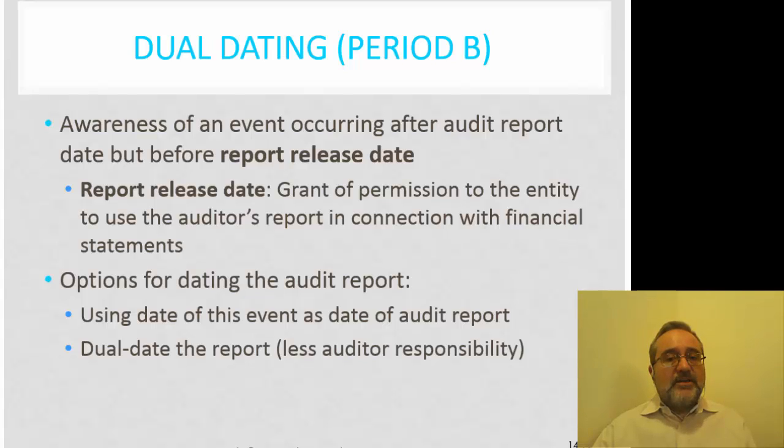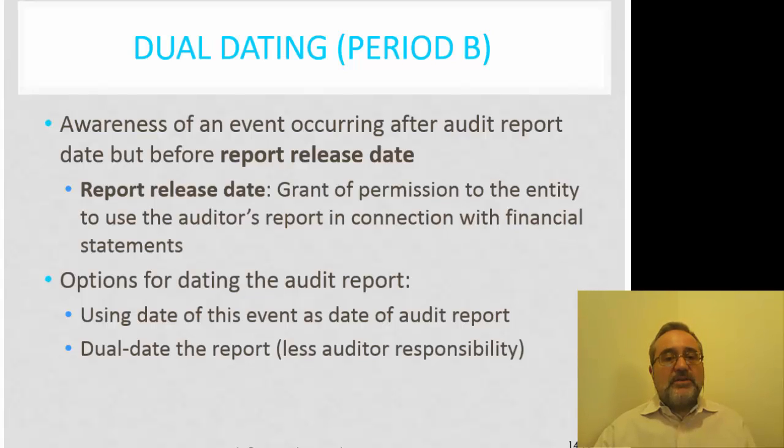But the other valuable piece of information related to the dual dating is that if you read the audit report before you look at the financial statements, and everyone should, and you see the dual dating, you'll say, except for note 23, which is dated March 6th. First thing that we're going to do is go look at note 23 and see what has actually taken place.